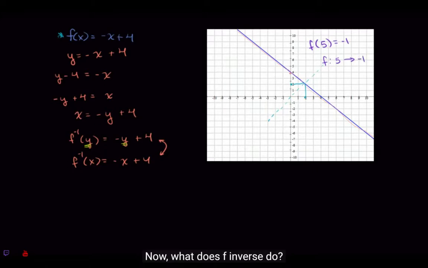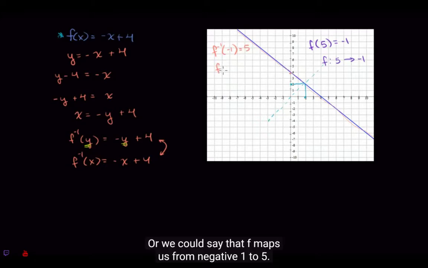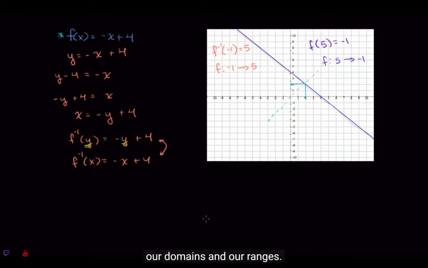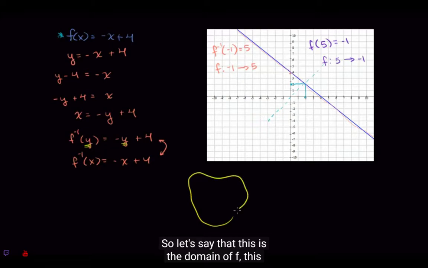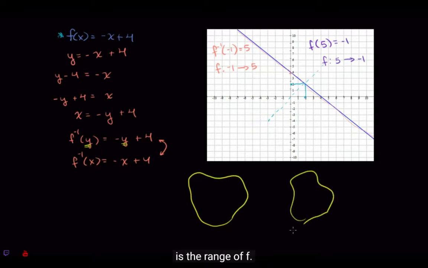Now, what does f inverse do? f inverse of negative 1 is equal to 5. Or we could say that f inverse maps us from negative 1 to 5. So once again, if you think about the sets, there are domains and ranges. So let's say that this is the domain of f. This is the range of f.